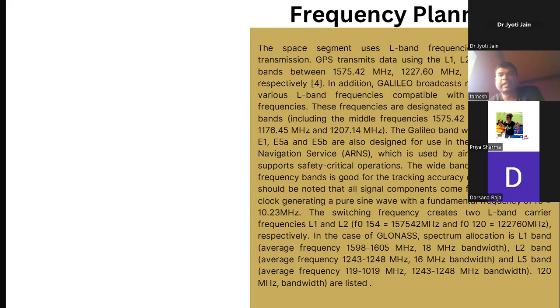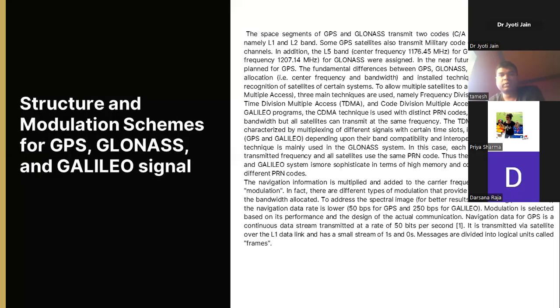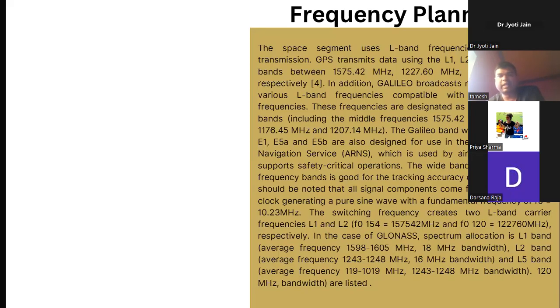GLONASS uses 18 megahertz bandwidth in the L1 band, 16 megahertz bandwidth in the L2 band, and L5 is different. And this is 120 in total, from the many frequencies working on the L band.